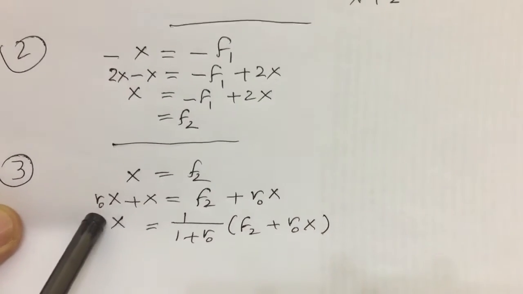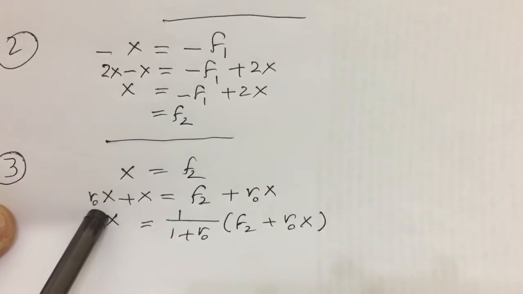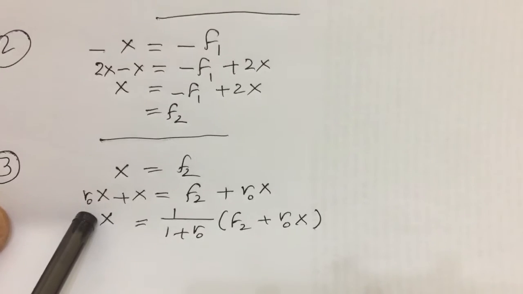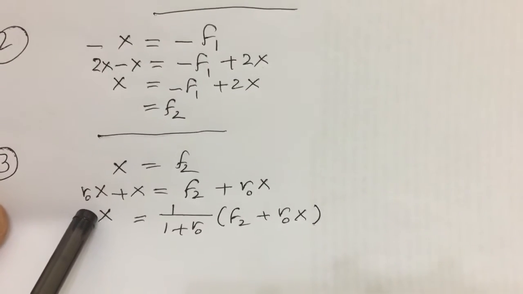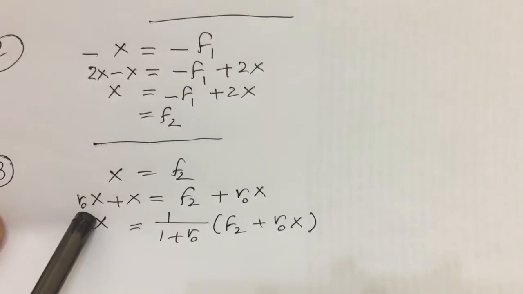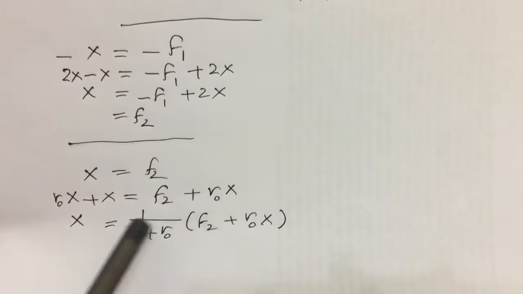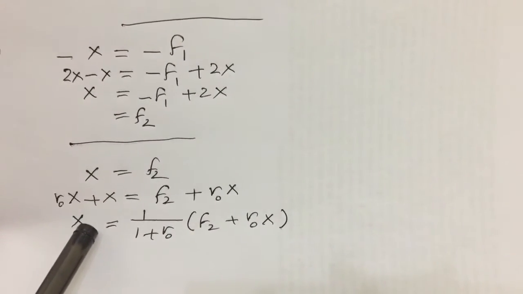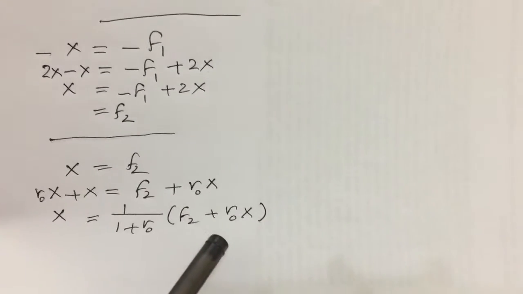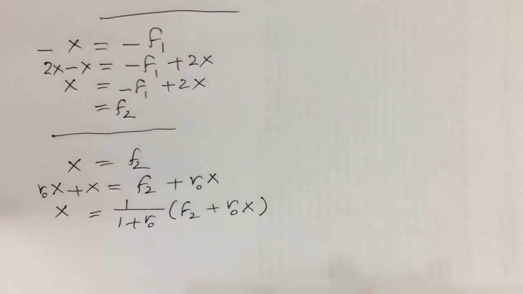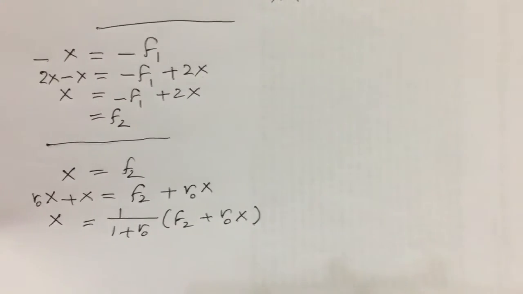We add r naught x to both sides, where r naught is any positive figure. It could be 1, 2, 1 point something. Then we obtain x by multiplying f2 plus r naught x by 1 over r naught. So I'll show you how we do that.